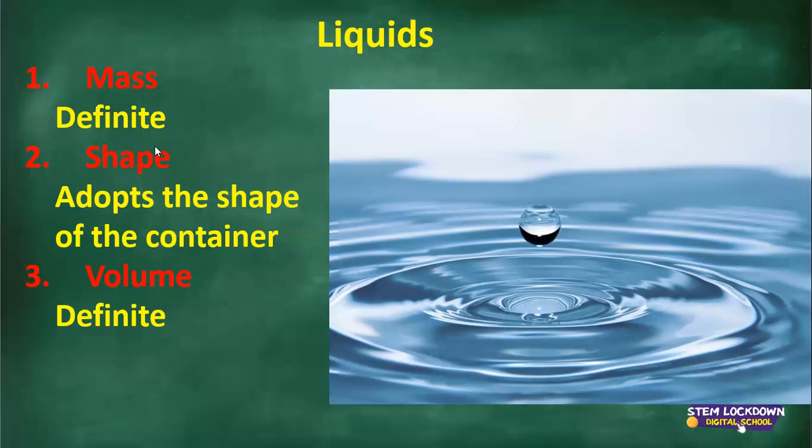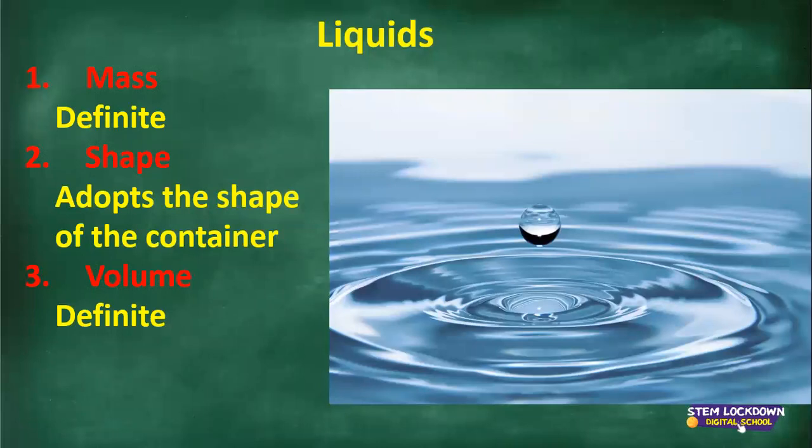The difference between the solid and the liquid, when it comes to the shape, is that the liquid obviously adopts the shape of the container. With ice, for example, if you put ice in a glass container, the ice maintains its shape, it doesn't lose its shape.